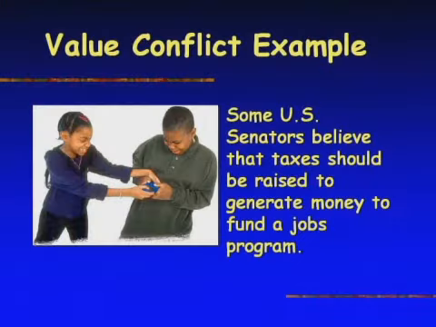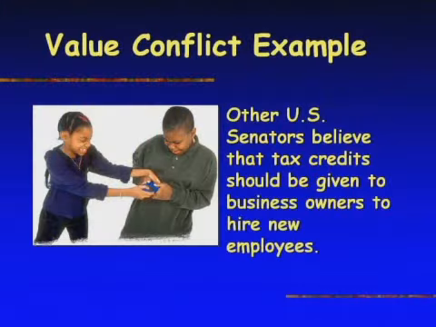For example, let's say that some U.S. senators believe that taxes should be raised to generate money to fund a jobs program. Certainly a very interesting proposal. Other senators, however, believe that tax credits should be given to business owners to hire these new employees. You notice both senators want to get people to work, but they have very different programs on how the funding should be sought to accomplish this particular goal.